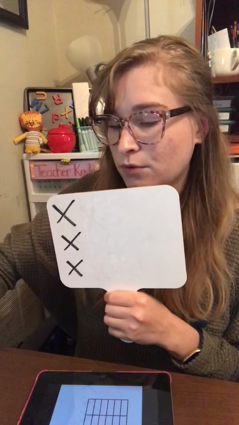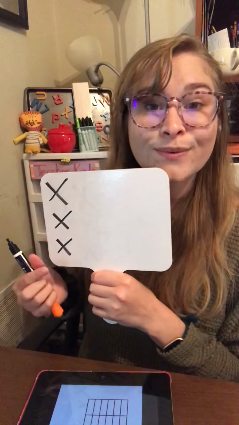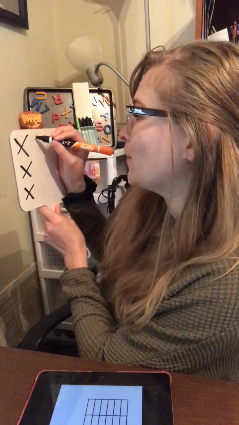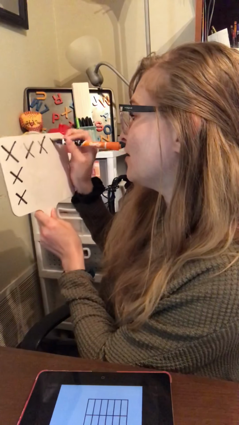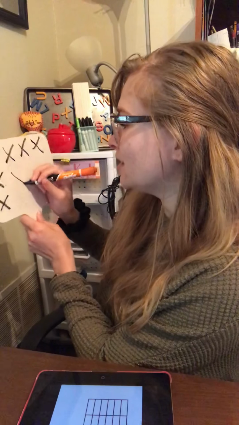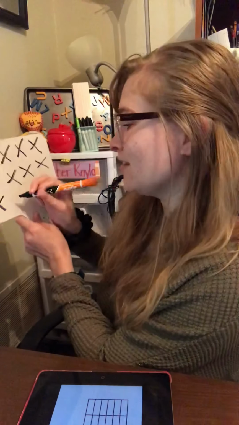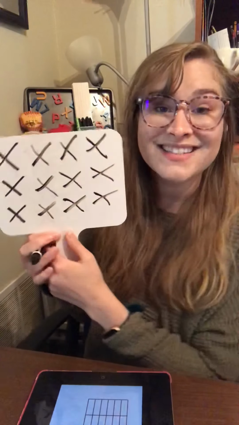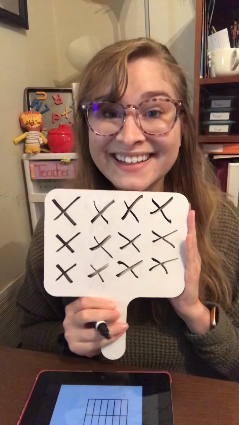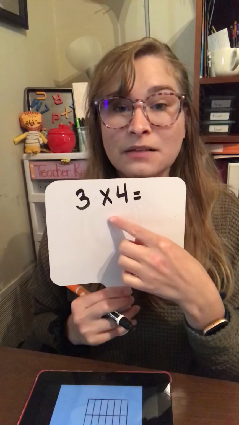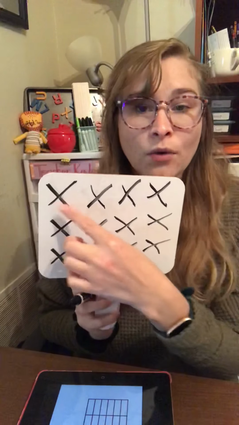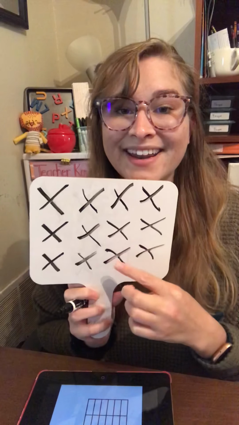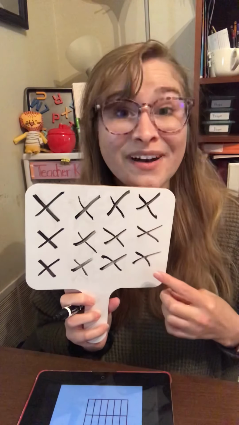So 3 times 4, we have 3 rows, and we need 4 x's in each row. 1, 2, 3, 4. 1, 2, 3, 4. 1, 2, 3, 4. Okay, so now we have our array, and let's double check. 3 times 4 equals 1, 2, 3, 4, 5, 6, 7, 8, 9, 10, 11, 12.